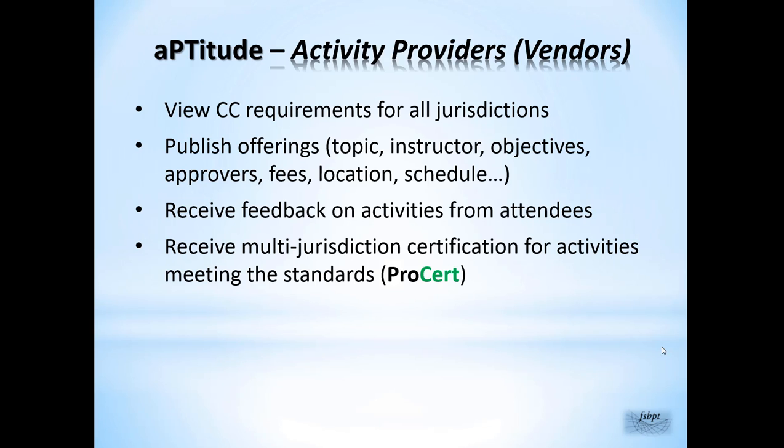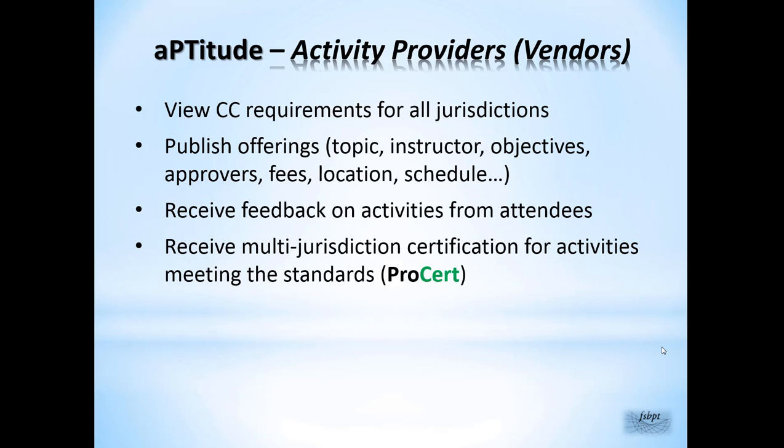So they can provide a lot of detail about all of their courses and activities. They can receive feedback in the form of ratings from the licensees that complete a course. So for instance, a licensee may say, I found this to be a 5-star course, or, I really only want to rate this 3 stars because I feel that it fell short of my expectations.